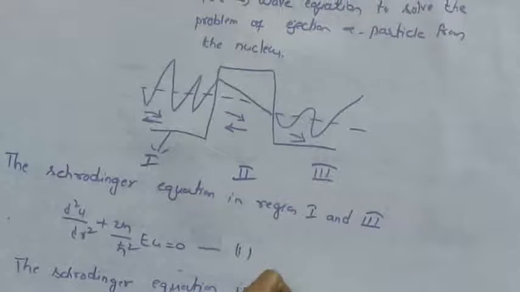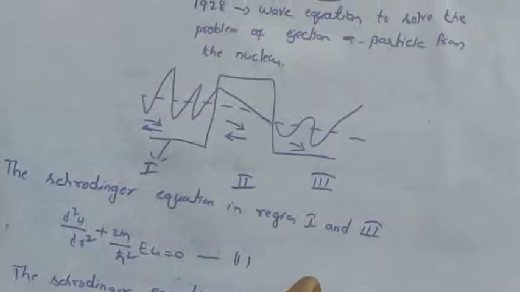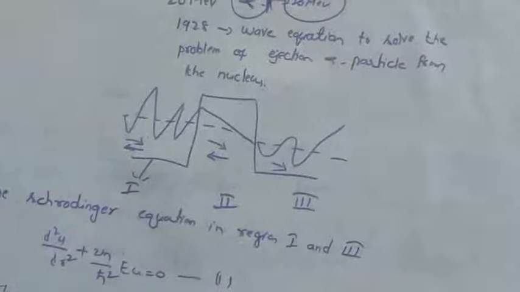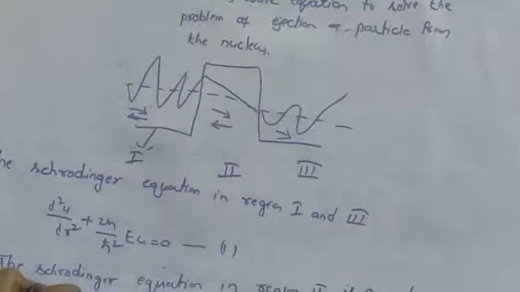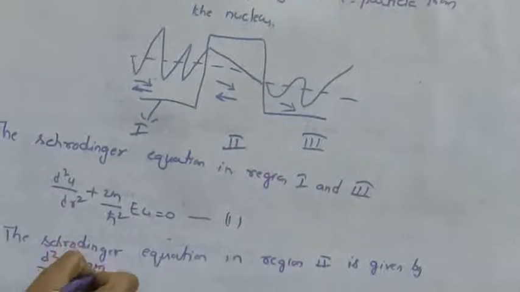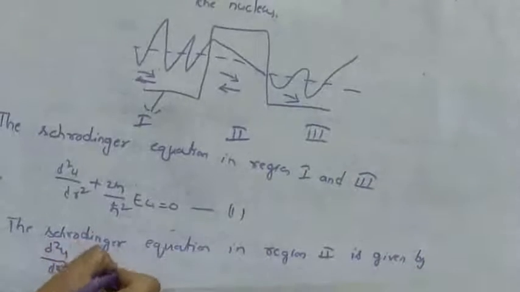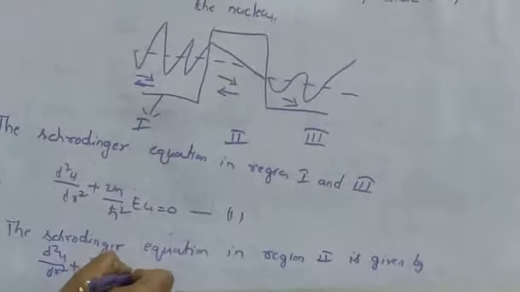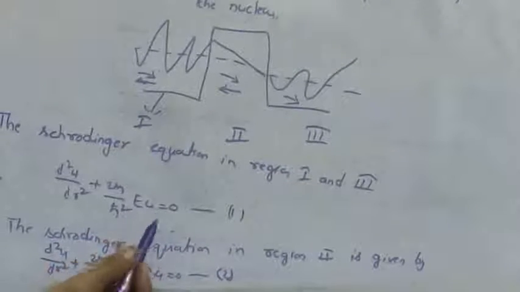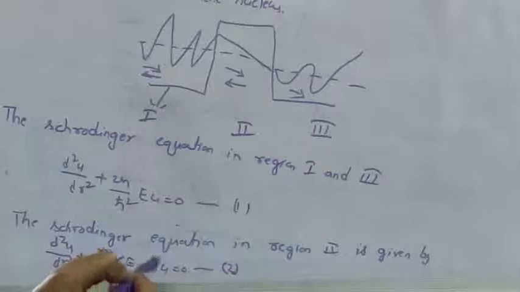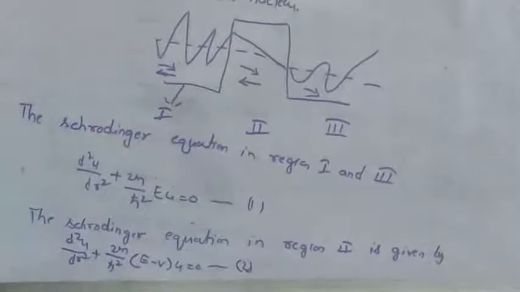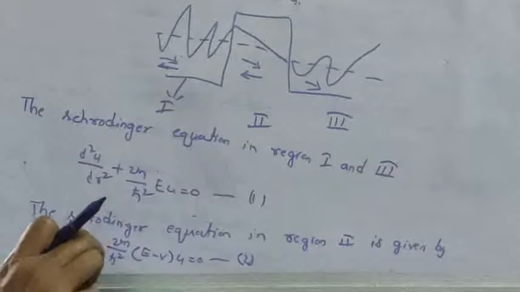It is given by d²u/dr² + 2m/ħ² (E − V) u = 0. Look at equations 1 and 2. Equation 1 is for regions 1 and 3, and this equation is for region 2. Now he has given the solutions for equations 1 and 2.